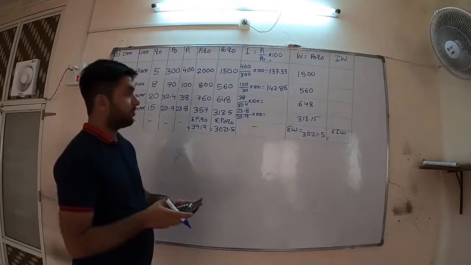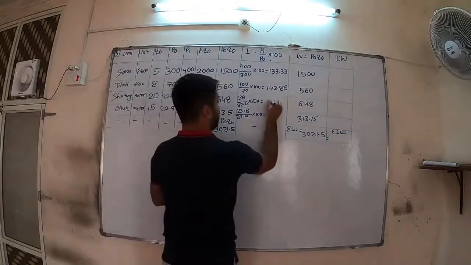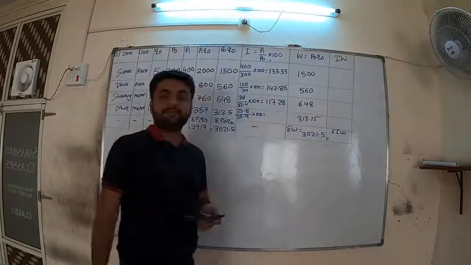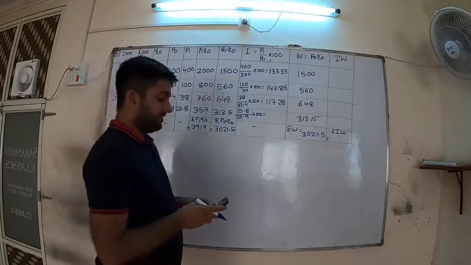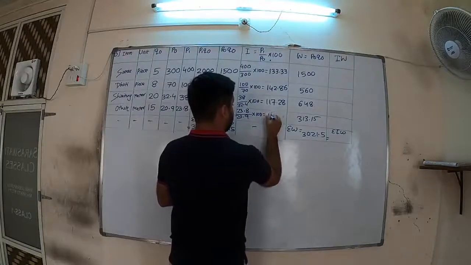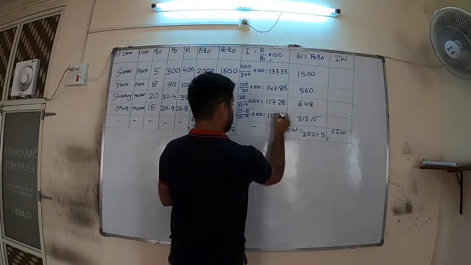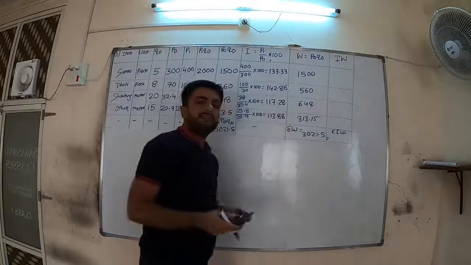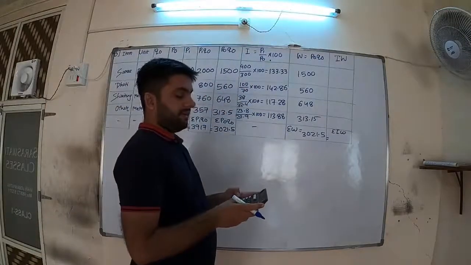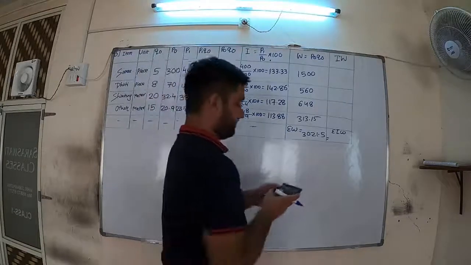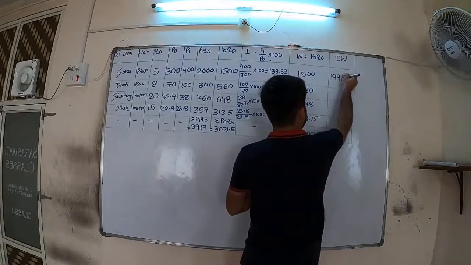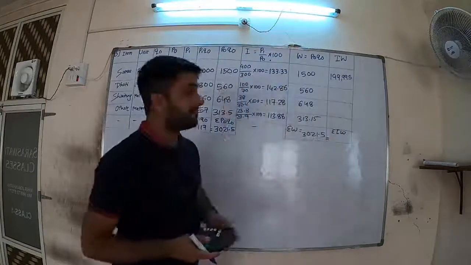38 divided by 32.4 multiply 100 is 117.28. 23.8 divided by 20.9 multiply 100 is 113.88. Little bit of points are there. Now multiply them with W. 133.33 into 1500 is 1,99,995.